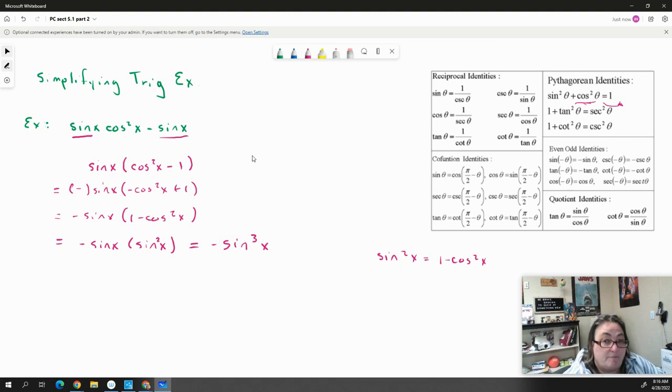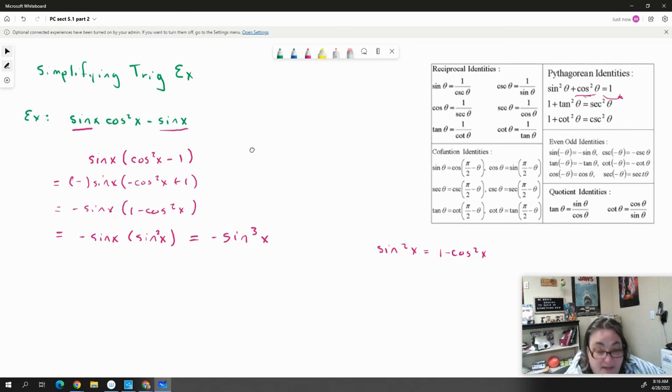And there's all sorts of problems that we could do that would work similarly to something like that, right?